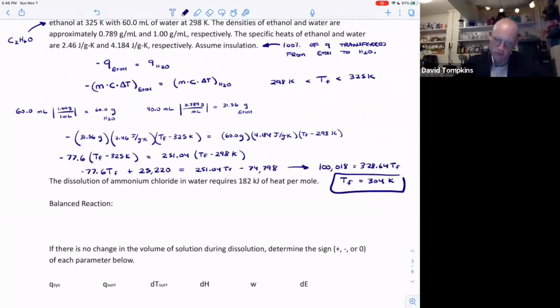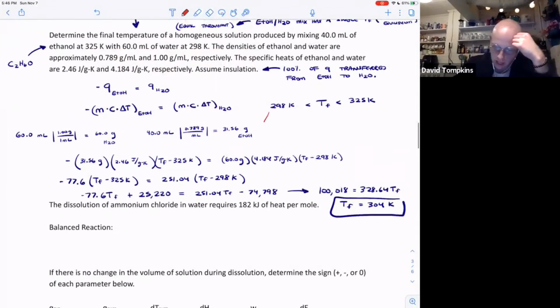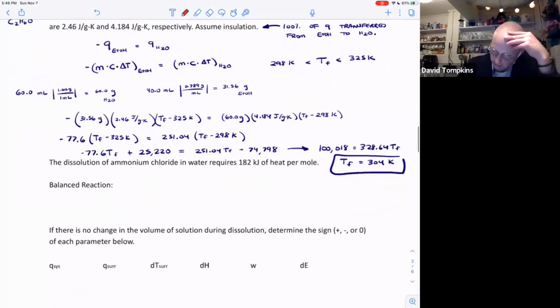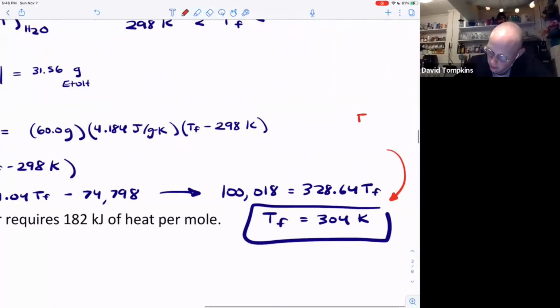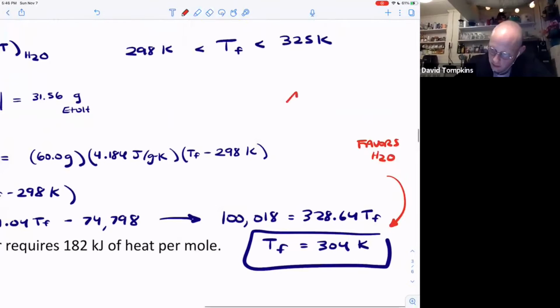Now, this 304 is not in the middle of the range, okay? T final would only be exactly in the middle if you had equal masses and if they were the same substance, meaning the specific heats were the same. This 304 is favoring water. It's closer to the initial temperature of water, 298. Meaning that delta T for ethanol, the change in its temperature, is greater in magnitude than delta T for water.